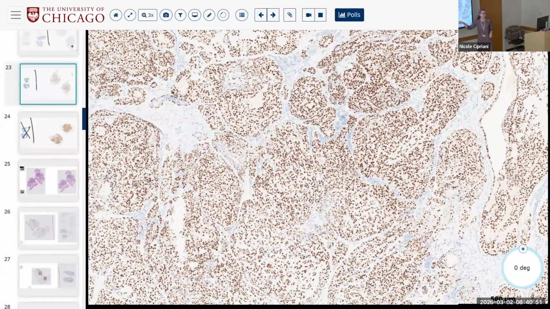In this case, P63 and P40 don't match. So P63 is staining everything, and P40 was like, me. So to me, that's a mismatch, and I'm favoring that this is really mostly a P40 non-expressor.